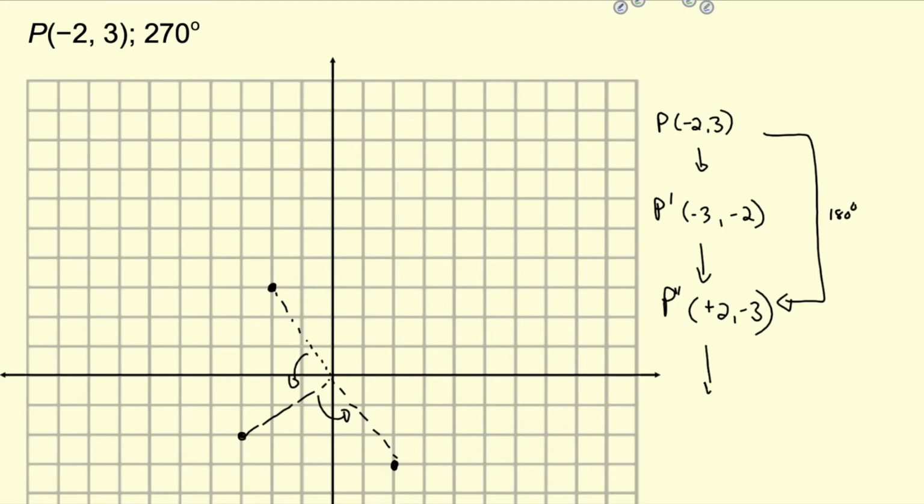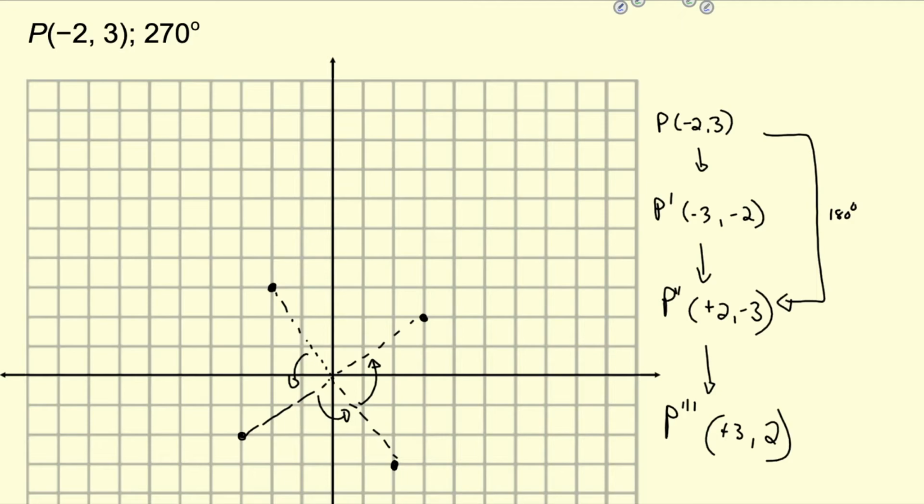And we'll do it one more time. So we'll switch the x and the y, and then we'll change the sign of the first one, becoming 3, 2. And together that makes up a 270-degree rotation.